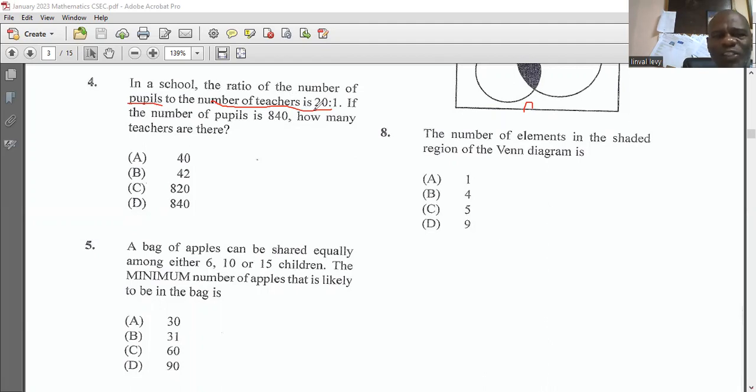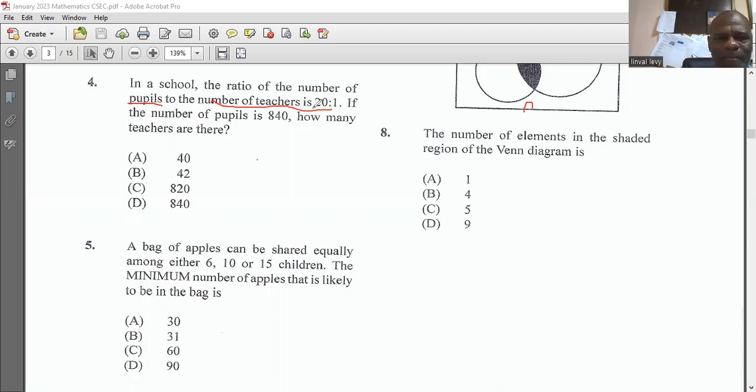You mean you have 20 students to 1 teacher. All right? So 20 students to 1 teacher. If the number of pupils is 840, how many teachers are there? All right, so listen, you have 20 students to 1 teacher, and in the school you have 840 students. So how many teachers would we need?